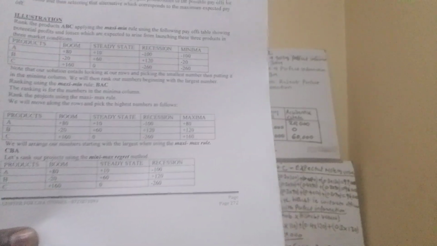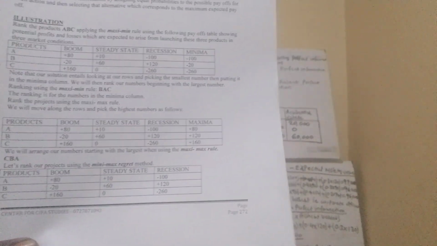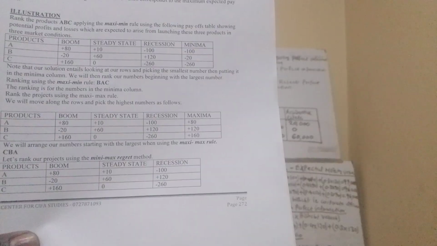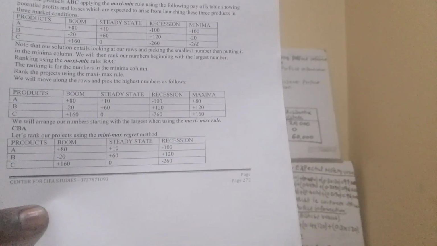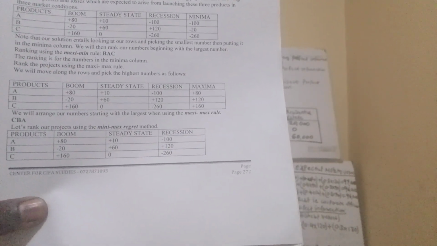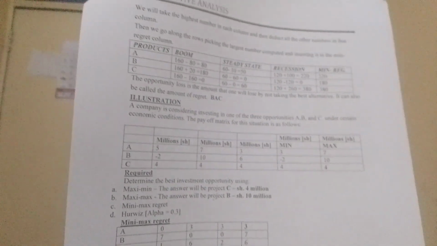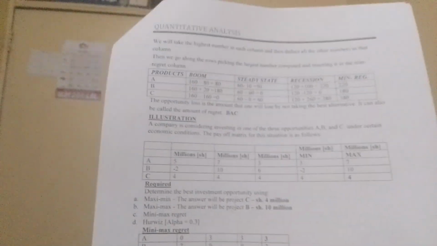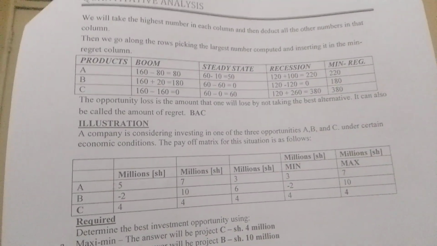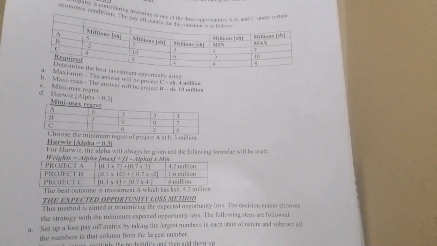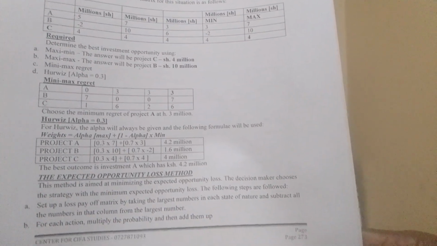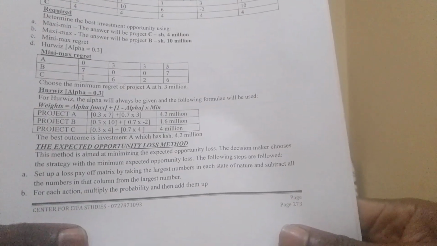You see, you're just going along the row of each item, and for maximin you pick the lowest, and for the other you take the highest. We did that discussion yesterday. I don't want to repeat that lesson. I'm just trying to present what you find in yesterday's class. You can see the Hurwicz formula, and expected opportunity loss.